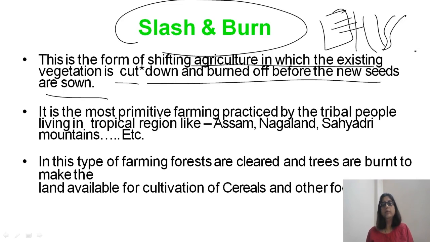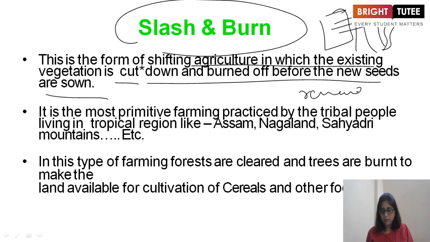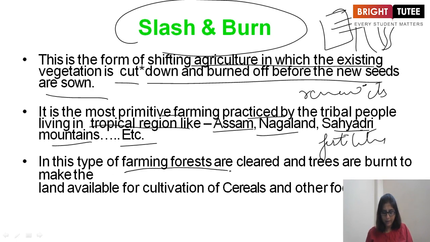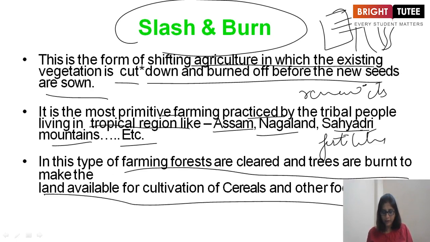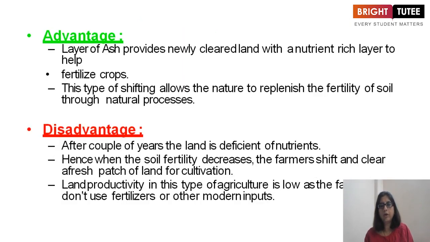And then the new seeds are sown so that it can renew its fertility. It is the most primitive farming practiced by the tribal people living in tropical regions like Assam, Nagaland, Saigri mountains, etc. In this type of farming, the forests are cleared and trees are burnt to make the land available for cultivation of cereals and other food crops.